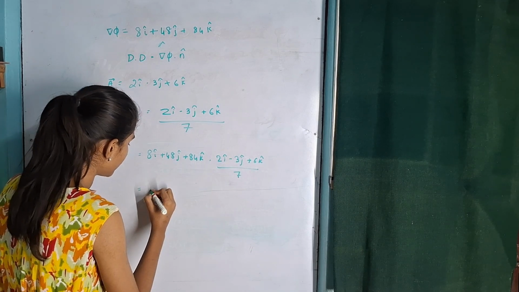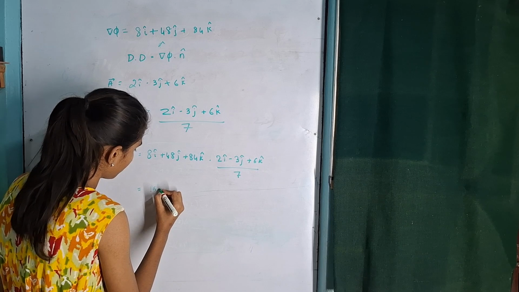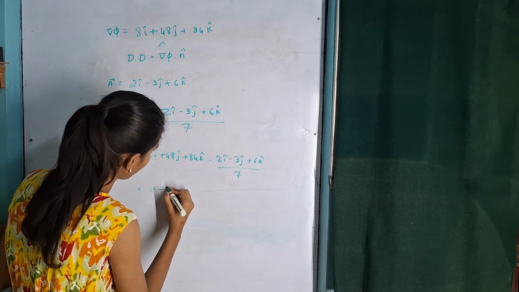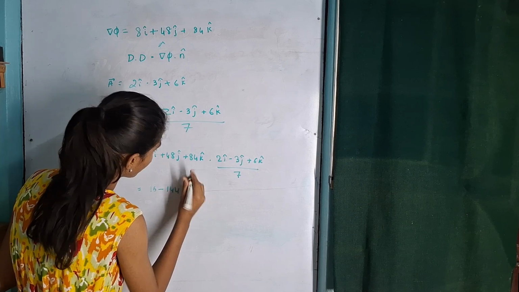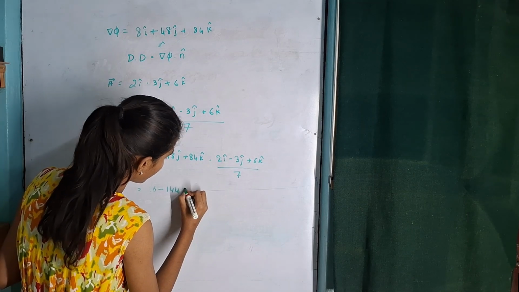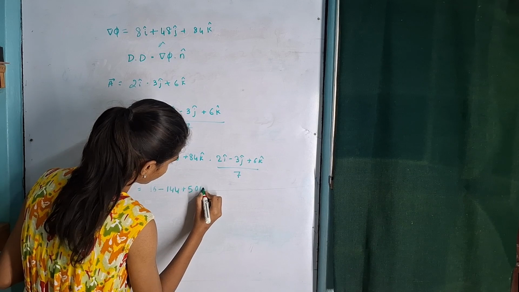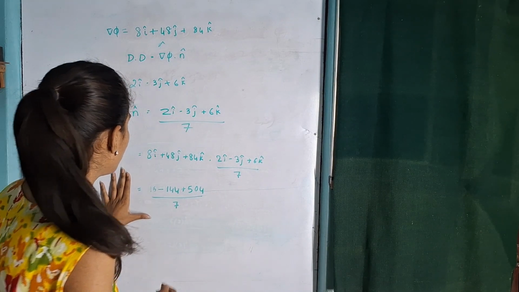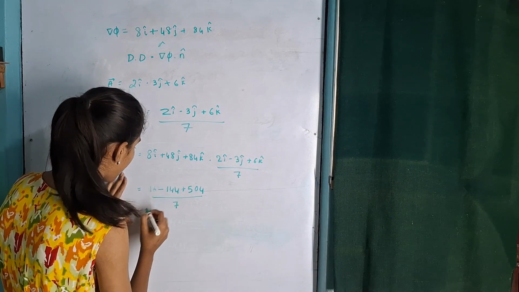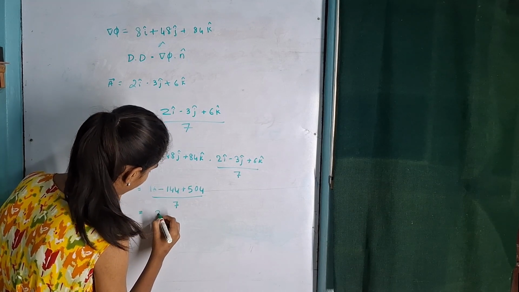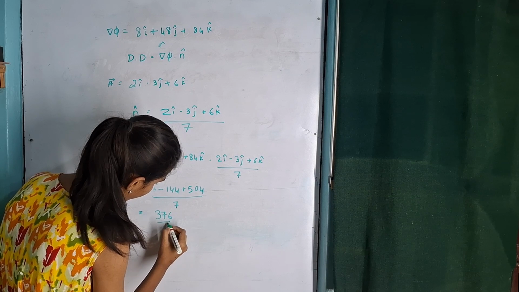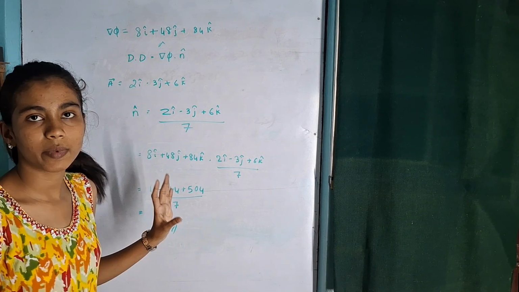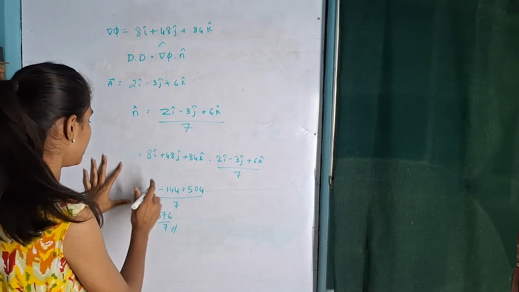So 8 into 2 is 16, minus 48 into 3. 48 into minus 3 is minus 144. 84 into 6 is plus 504, divided by 7. So if you find the value at the end, you get 376 by 7.